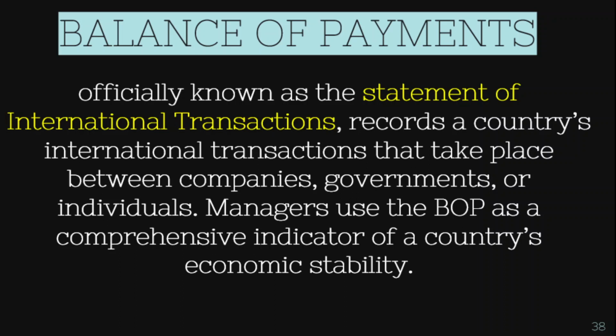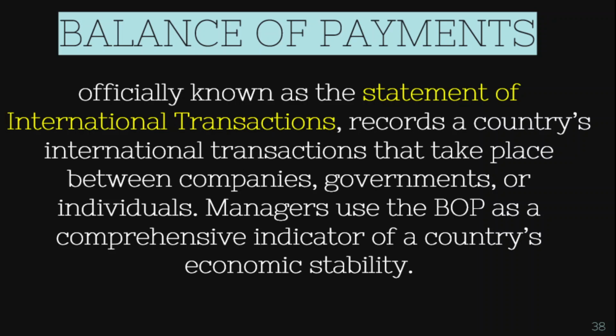Kapag mas mababa yung ini-export kesa sa ini-import, or mas marami yung ini-import nila kesa sa ini-export nila, itong bansa na ito should borrow dahil nga wala silang income. Dahil sa export sila, isa ang export sa kinukuhaan nila ng income, they can borrow from other countries para mabayaran yung mga imports nila.